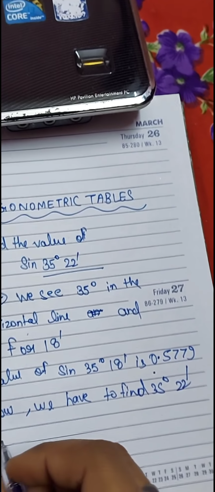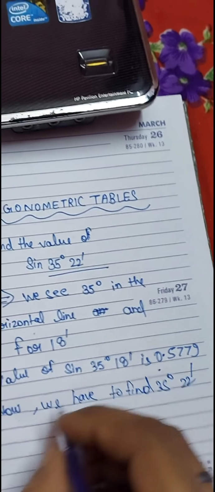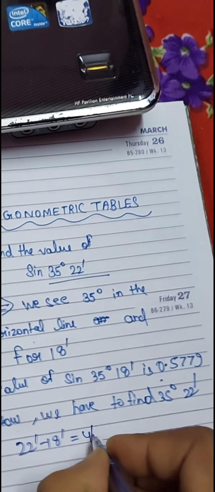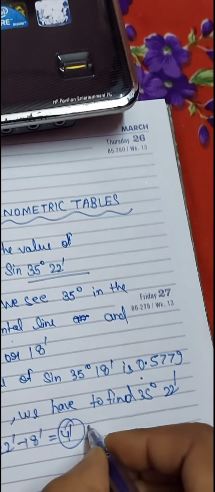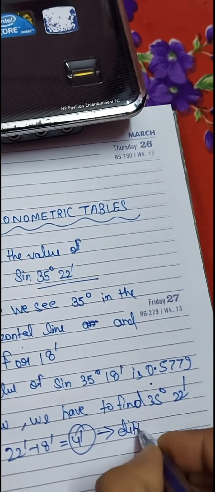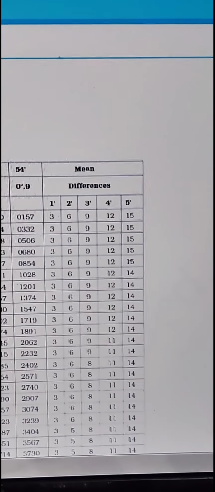Now we have to find 35 degree 22 minutes. 22 minutes minus 18 minutes is 4 minutes, so we have a difference of 4 minutes. Now we will use the mean difference column.